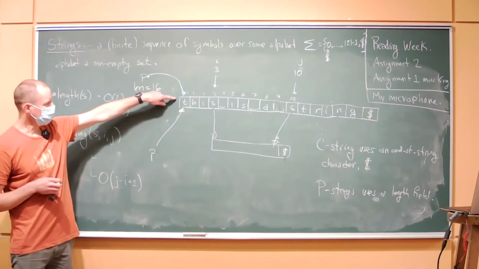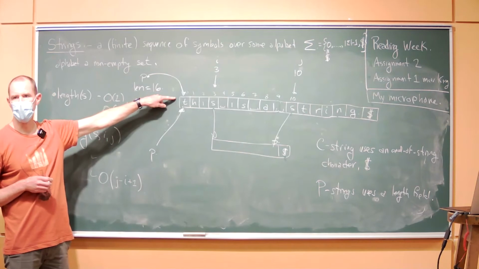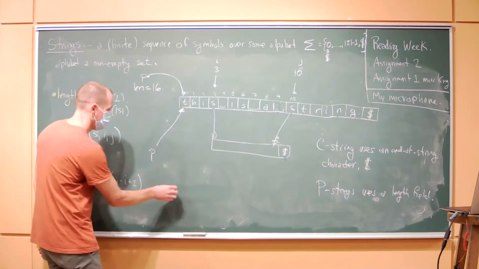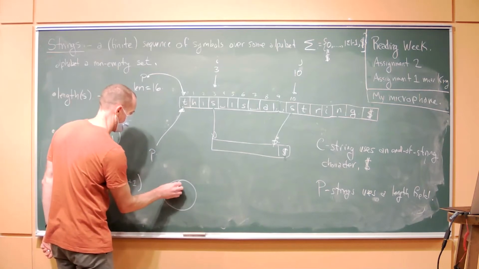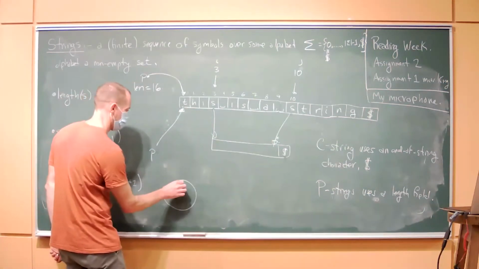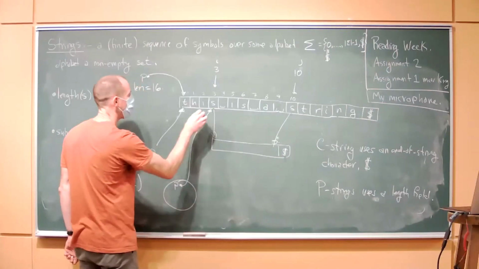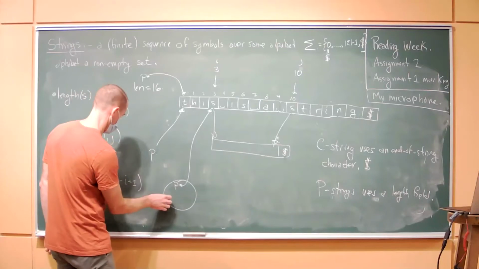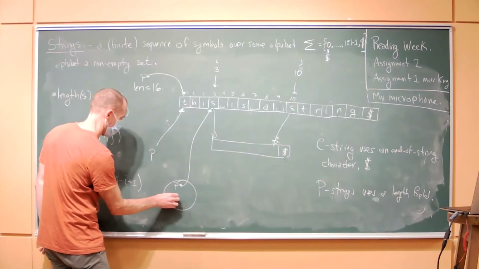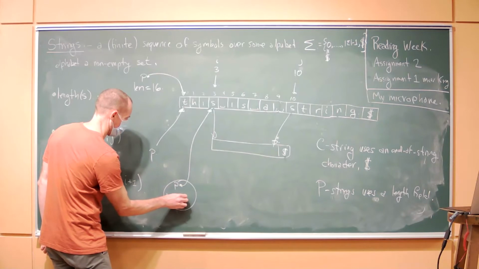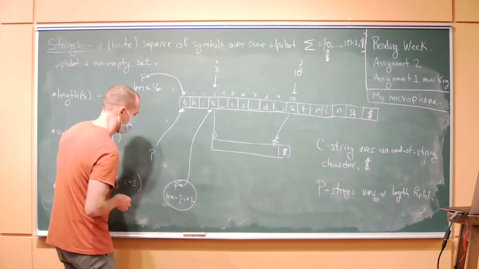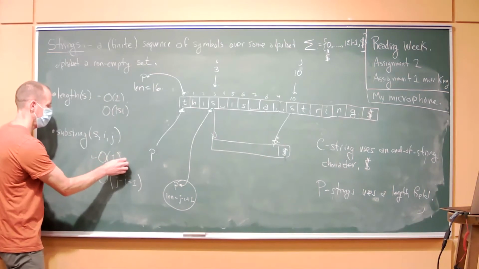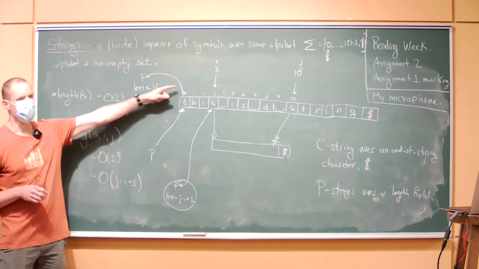For a P string, though, you can do much better. For a P string, what do you need? You just create a new pair: a pointer to the memory location where the string starts, and the length, which just happens to be j minus i plus 1. Right? So for a P string, you can extract any substring in constant time.